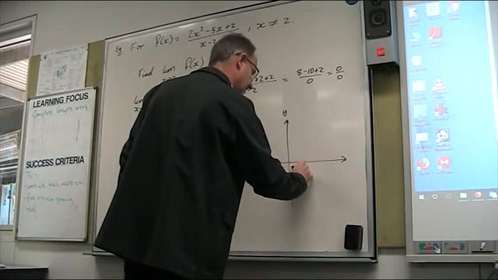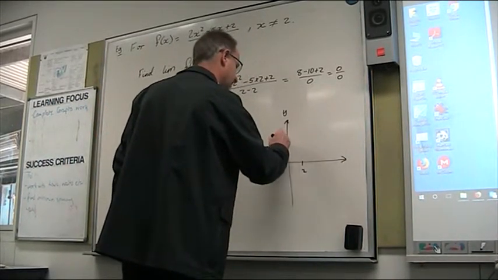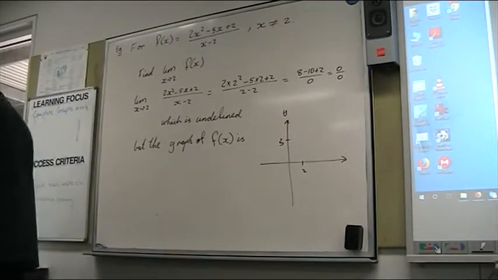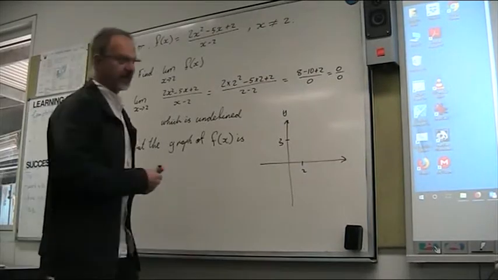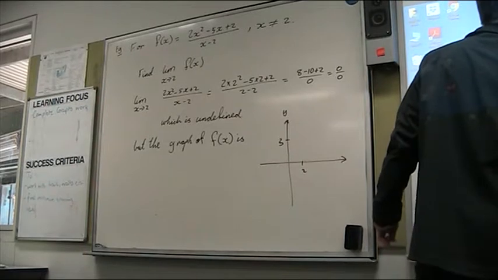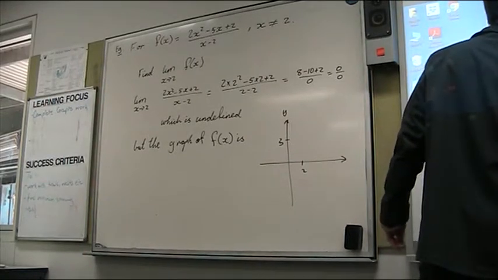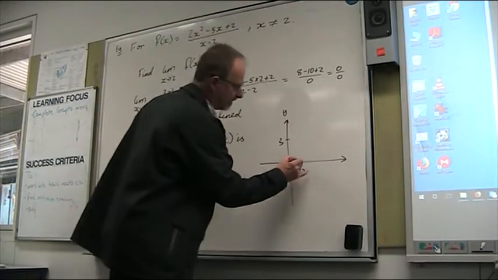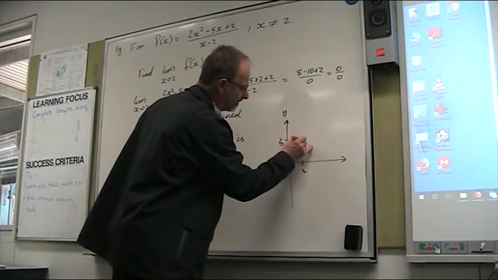At x equals 2, we have a point of discontinuity. When x equals 2, our y value is undefined, so we have a hole in the graph.